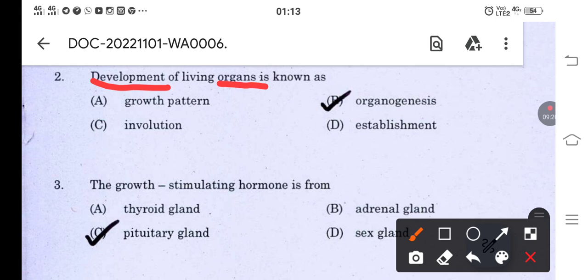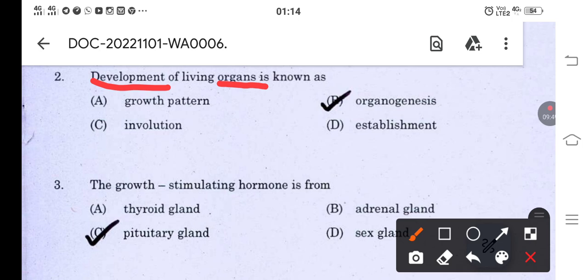Then after birth, neonate, early childhood, late childhood, adolescent, early adult, late adult, then old age. So many stages are there. So it all comes under the growth pattern. Especially growth pattern comes up to adolescent stage, because physically they grow, and after that mentally there will be more changes happening.